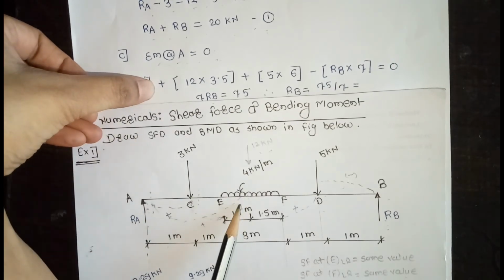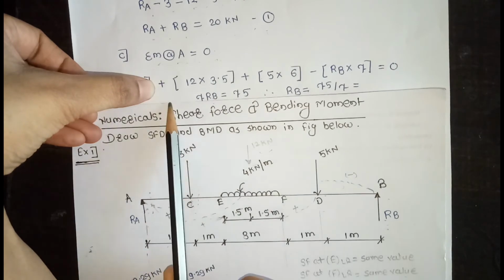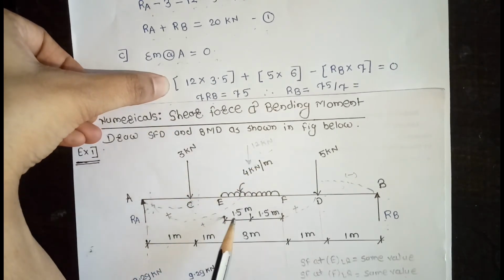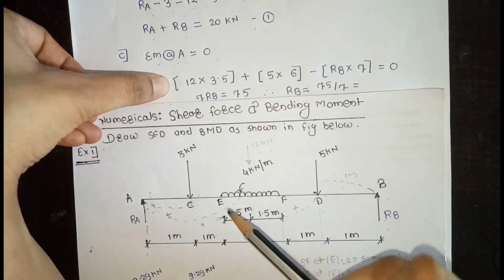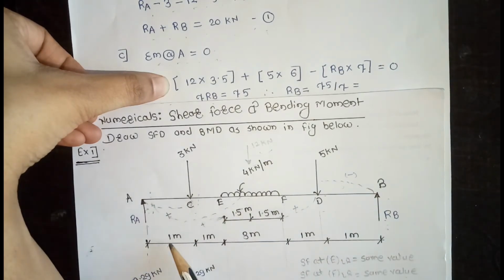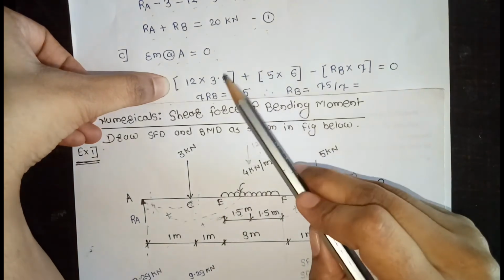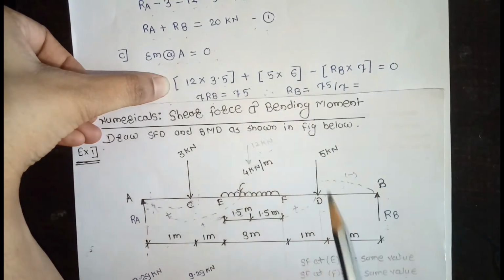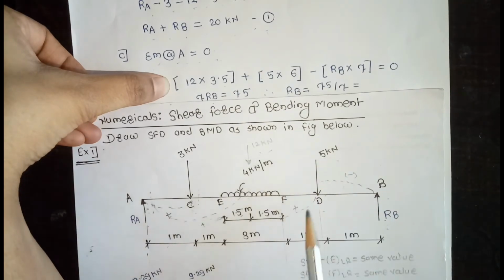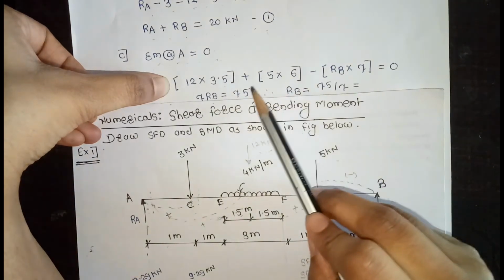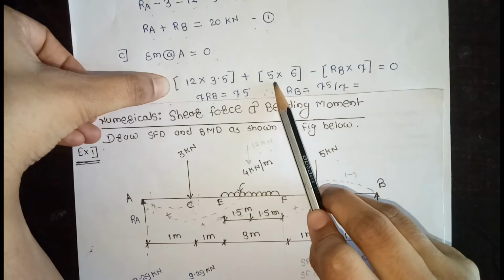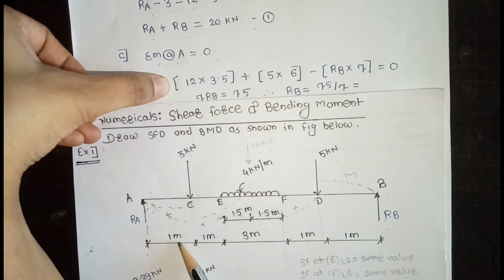Then the second force is clockwise, plus 12 into the perpendicular distance: 1 plus 1 plus 1.5, which means 3.5. Then the third force is 5 kN, also clockwise, meaning plus, 5 into the perpendicular distance 1 plus 1 plus 3 plus 1, which means 6.